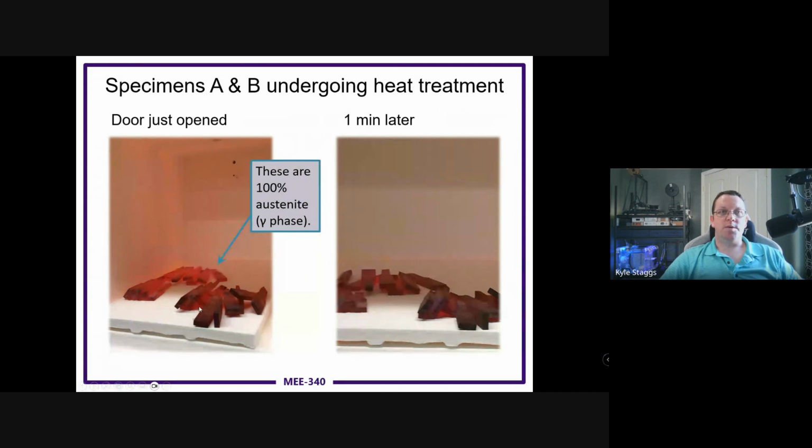So these are some examples, I think actually from our furnace, that are 100% in the gamma phase, or austenite. And as the door opens, 1 minute later, they're no longer necessarily glowing red. They're getting down below that emission. That emissive temperature range is in the hundreds of C region.